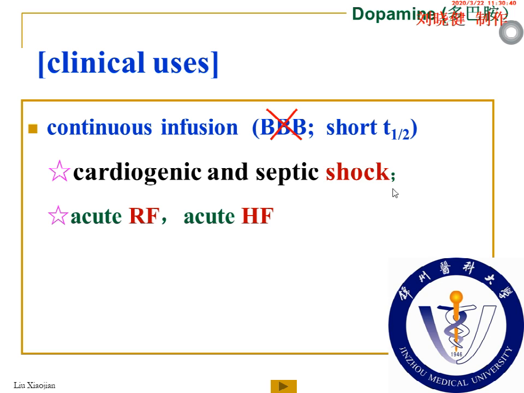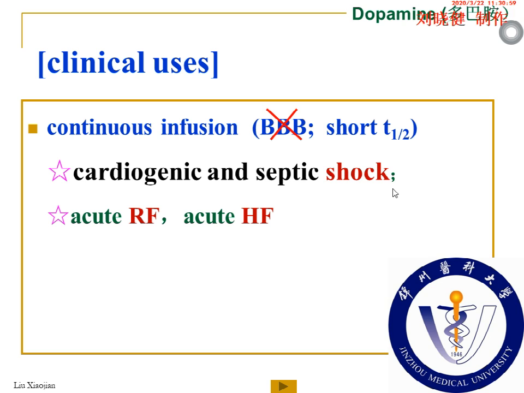When the blood pressure has increased to the normal state, maybe it is also required to continue using this dopamine. Don't forget, this drug can also dilate blood vessels in the kidney.